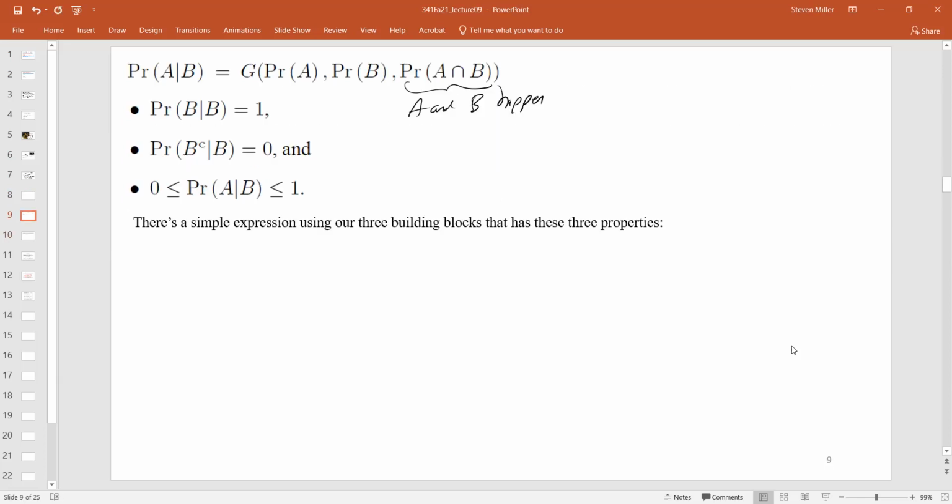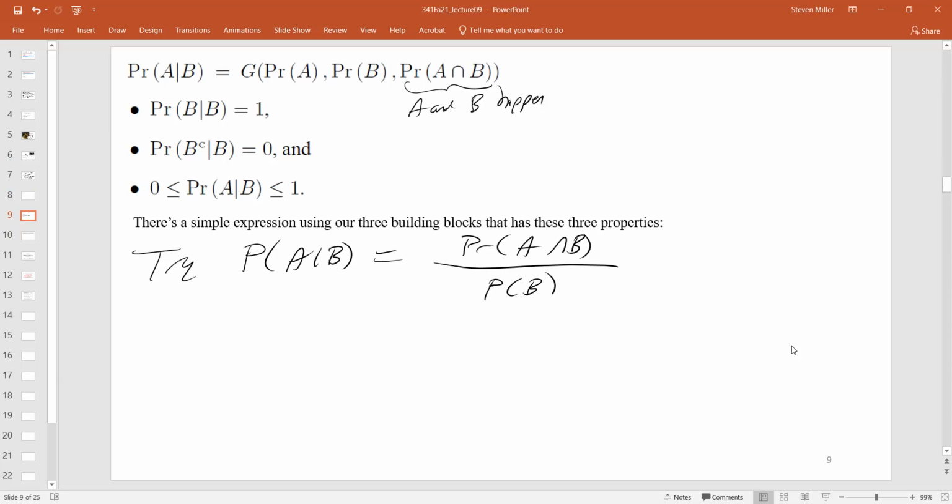And so what we have is, let's try the probability of A given B is the probability of A intersect B over the probability of B. And again, if we try the special cases, it satisfies all these cases.